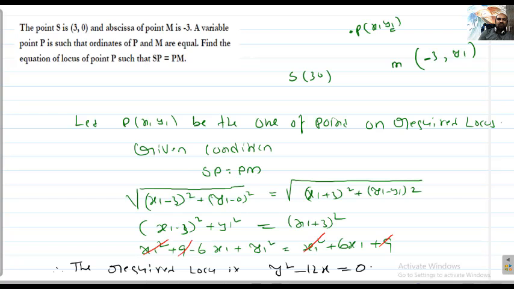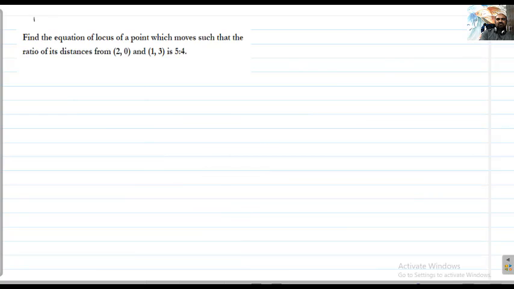Next question, what is the number previous? This is the fourth one. What is next? That is the fifth one, I can say example 5. Find the equation of locus of a point which moves such that the ratio of the distances from (2, 0) and (1, 3) is 5:4. Interesting problem. Students, listen.